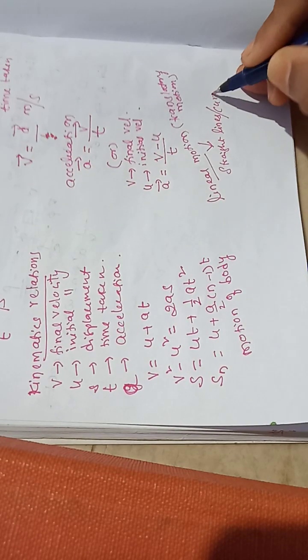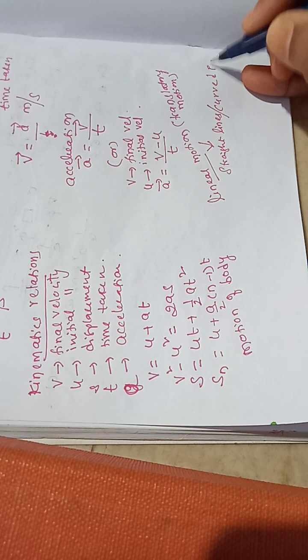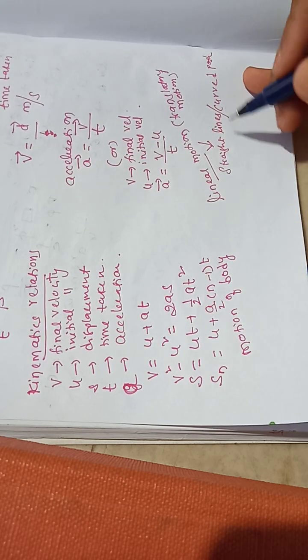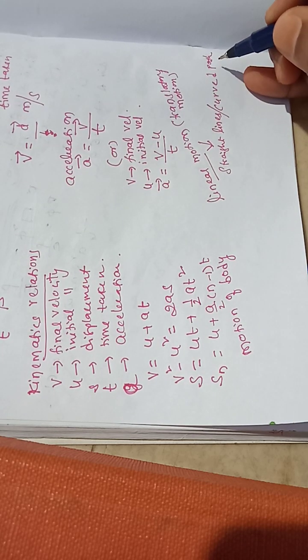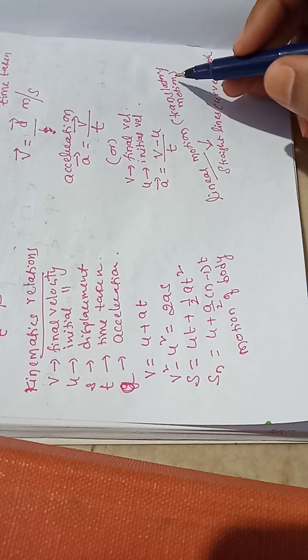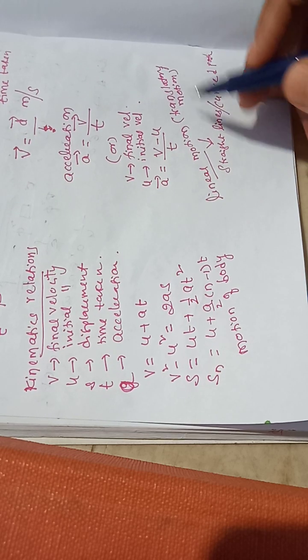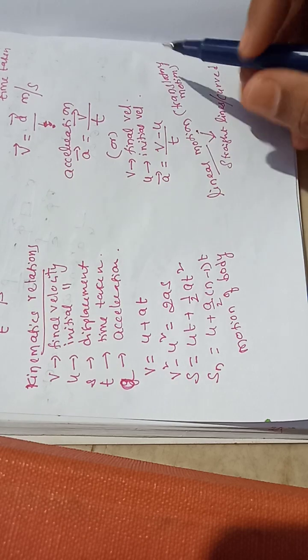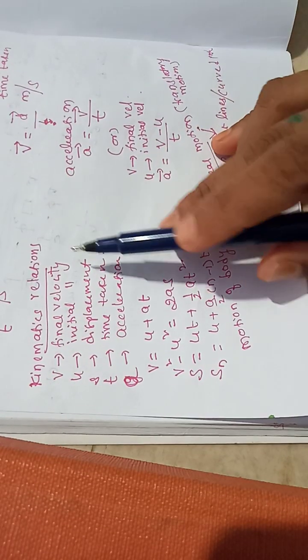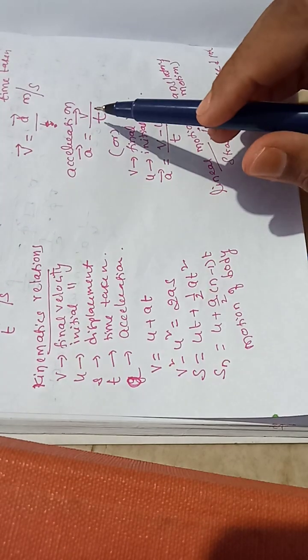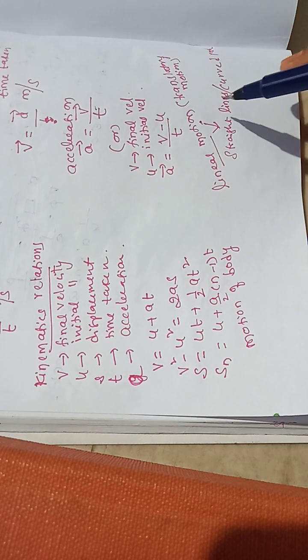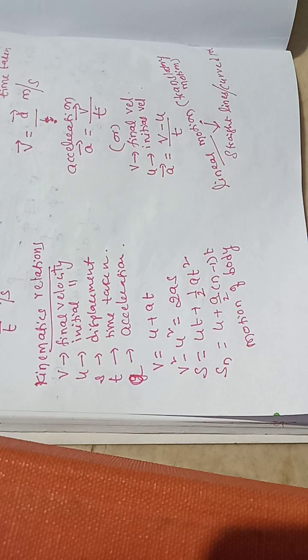A particle can even follow a curved path. Either it can move in straight lines or in a curved path. Such motions we call translatory motion or linear motion. So whatever formulas we discussed, either kinematic relations, velocity, or acceleration, are related to this linear motion.